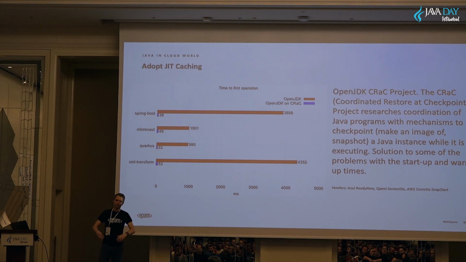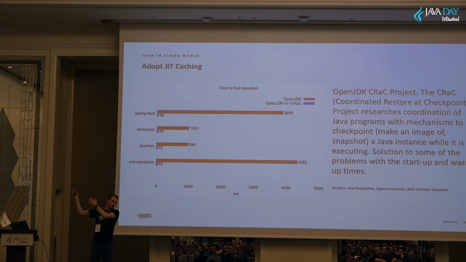For example, we run our application, it was warmed up, optimized, something happened, and we create a snapshot and move it to the cloud again. And when we shut down our machine, or for example we need to scale our application and add new instances, we do not compile our application anymore.